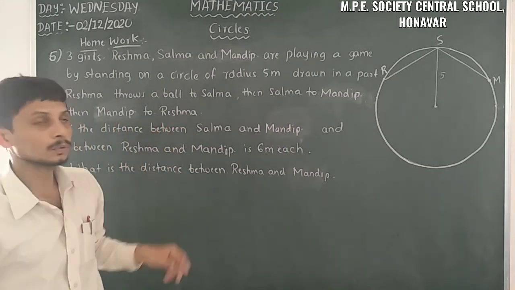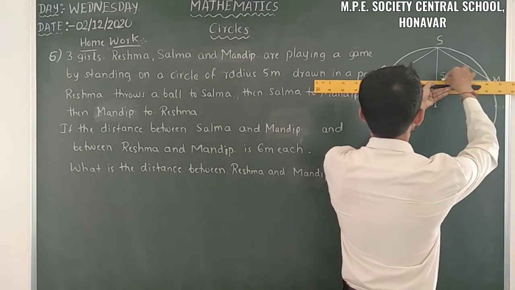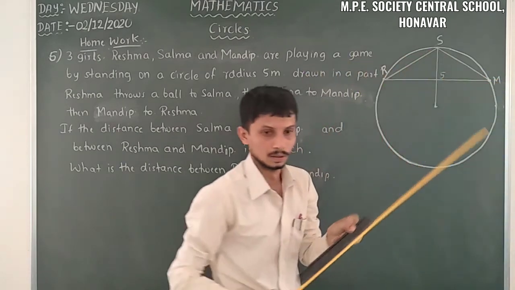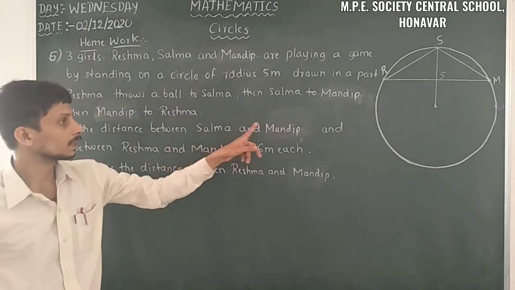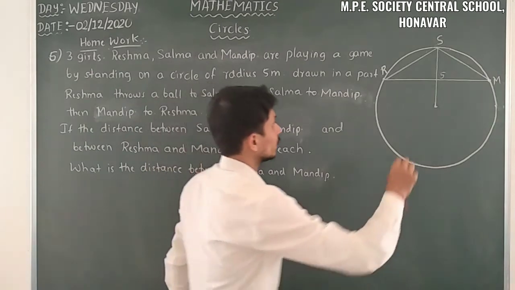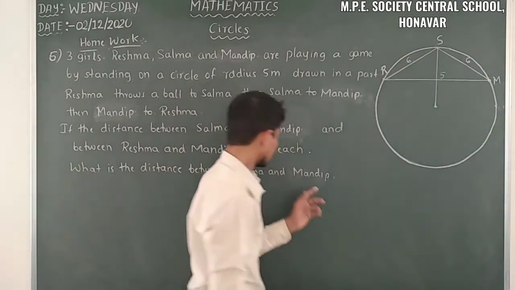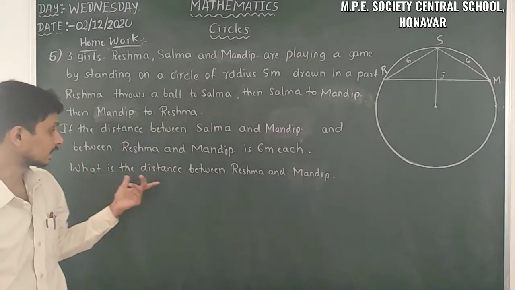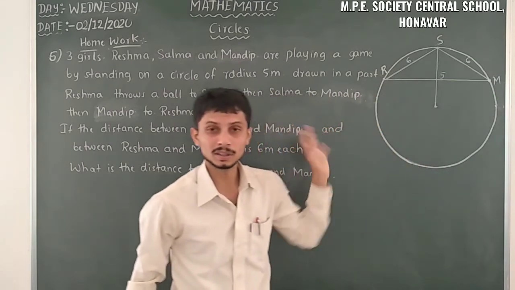Then Mandip to Reshma, so we join Mandip to Reshma here. If the distance between Salma and Mandip and between Reshma and Mandip is 6 meter, it is also 6 meter, then we have to find out the distance between Reshma and Mandip.